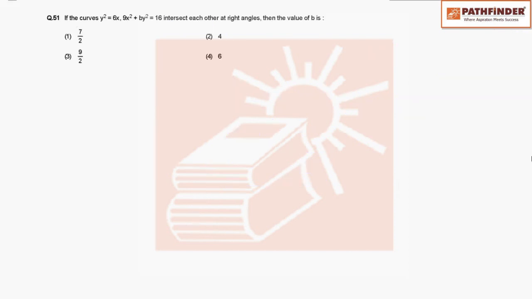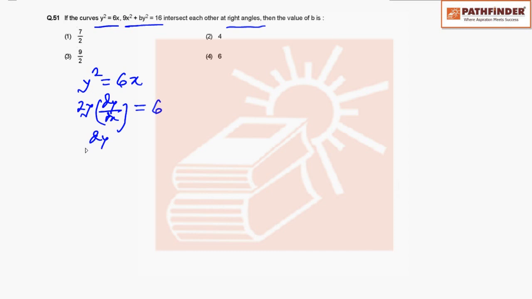So our answer is 1. Now we are studying question number 51. This says that y square equal to 6x and 9x square plus b y square equal to 16 intersect each other orthogonally, or at right angles. The first curve is y square equal to 6x, so differentiating, 2y into dy by dx equal to 6, that means dy by dx equals 6 by 2y. This is number 1.